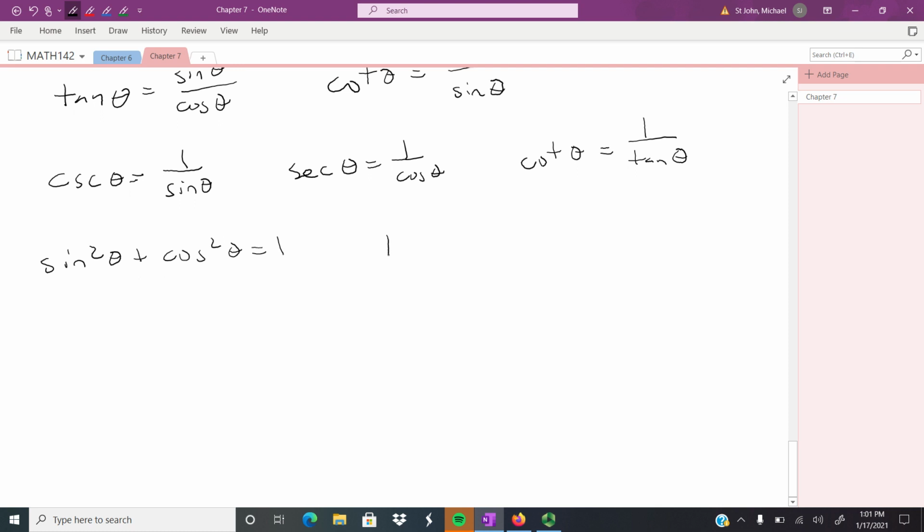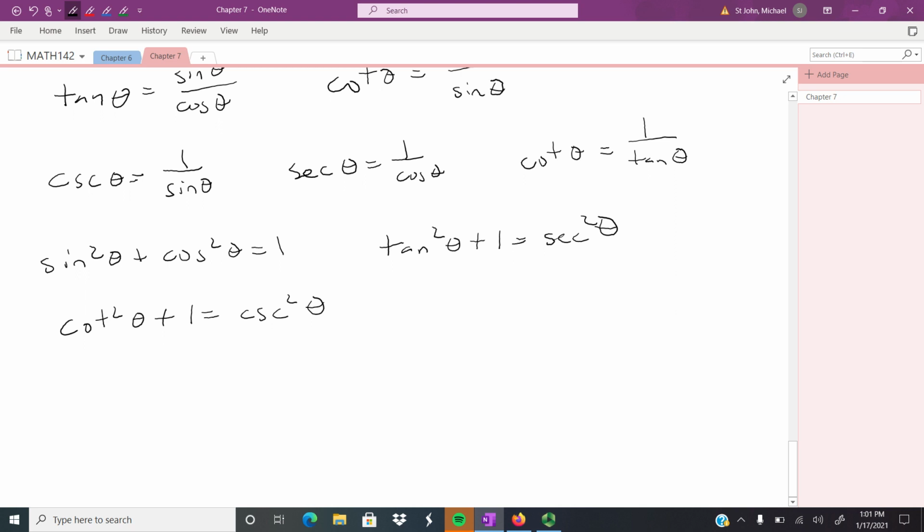And then there's tan squared theta plus 1 equals secant squared. And then the last one is cotangent squared plus 1 equals cosecant squared.